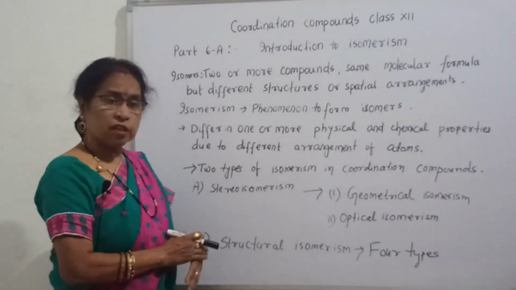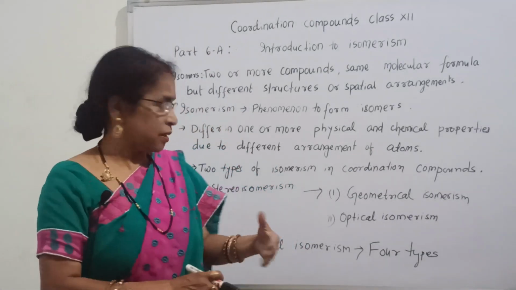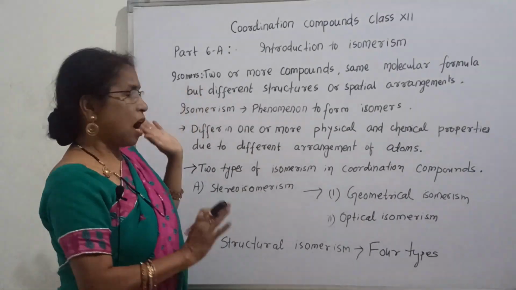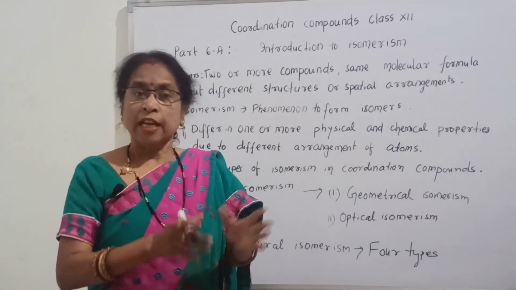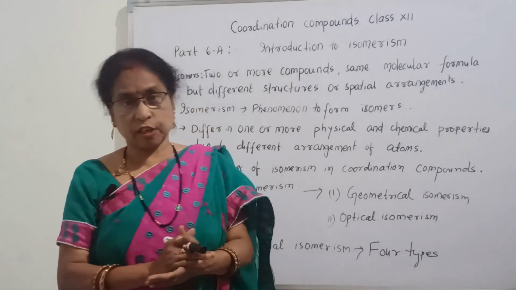Then come to structural isomerism. Structural isomerism has four types, and I will explain what the four types are. Again, see, isomers mean different arrangements of atoms in space or structure. If space, that is called stereoisomerism. If structure, that is called structural isomerism.